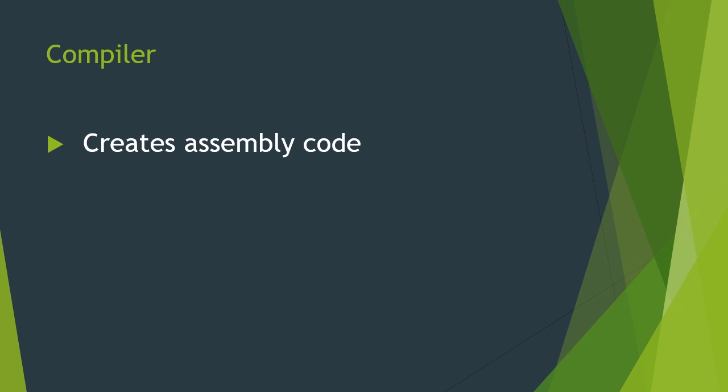It's still very, very hard to understand and very hard to learn, but it's easier than machine code. But the compiler takes your C++ in this example and creates assembly code. And then when the computer gets the assembly code, it makes it into machine code.